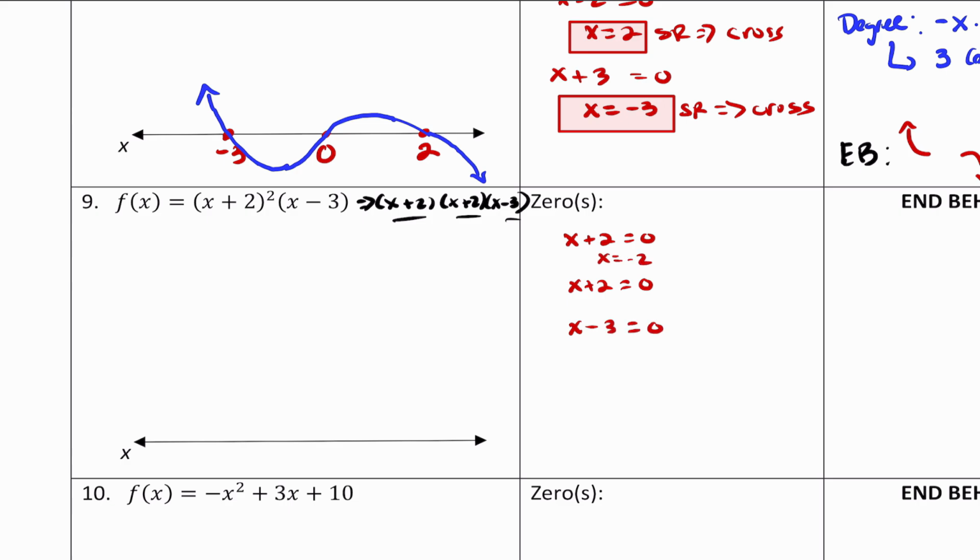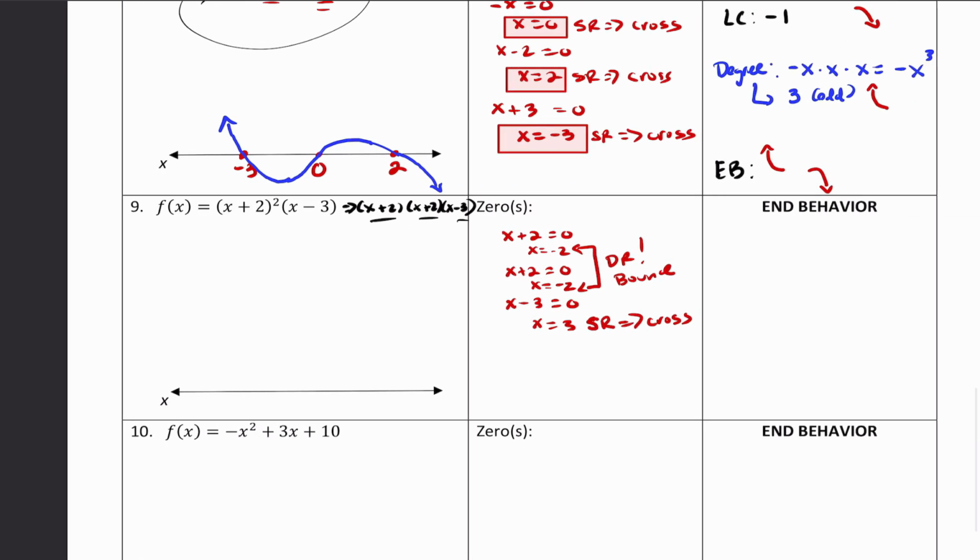So x equals -2, x equals -2, and x equals 3. And notice that we have x equals -2 twice. So we have a double root. That's where the line is going to bounce. Whereas if you have x equals 3, since that's a single root, we are going to cross, okay?